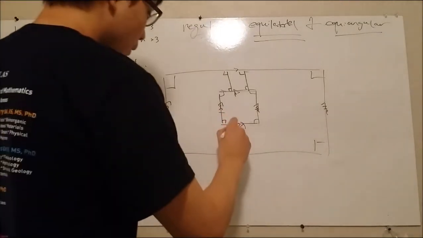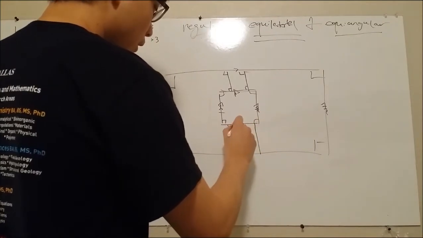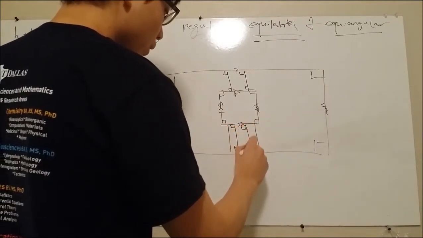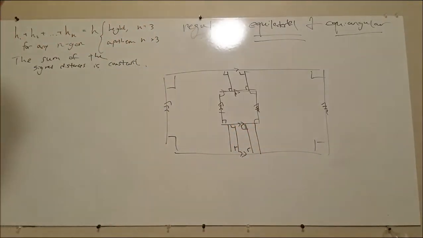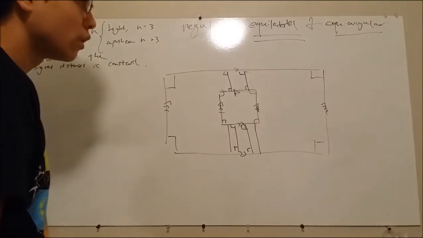And the same goes for here. Every single distance that you draw between the two lines has a unique measure. This is how you define the distance between two parallel lines, actually.